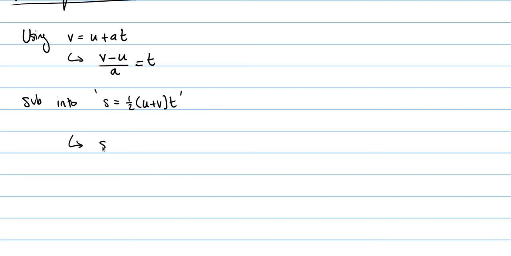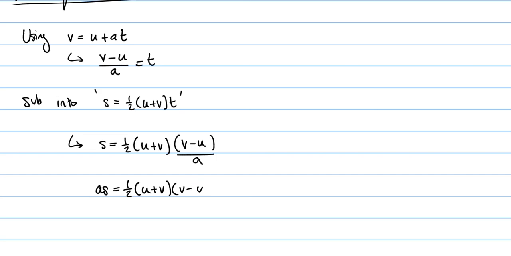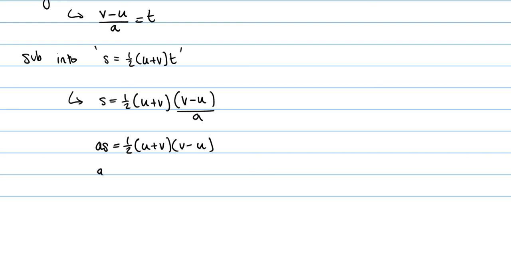Now let's say we sub this into this one, so we can try and remove that t there. And we get s is equal to half u plus v, t, which is v minus u over a. Multiply a by both sides, right? So we get as is equal to half u plus v, times v minus u. Now notice that this is a perfect square, so we can do as is equal to half v squared minus u squared by completing the square.